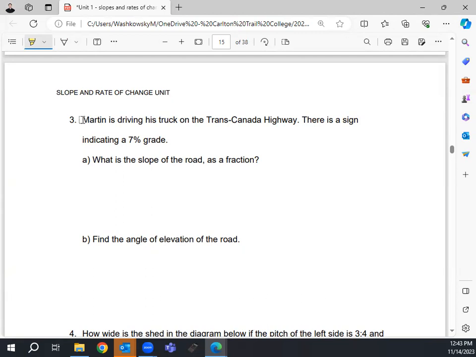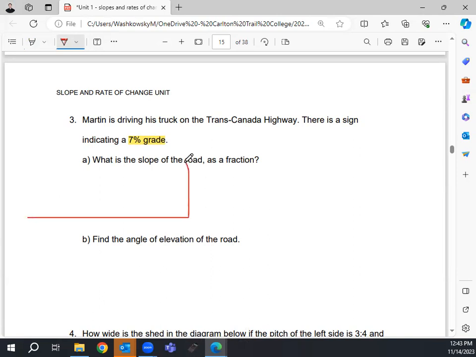So in this case, we have Martin driving a truck on the Trans-Canada Highway. There's a sign indicating it's a 7% grade of the road. So first off, what I like doing is drawing a graph for literally everything. If he's driving on something that has a 7% grade, we instantly know it's talking about rise over run.